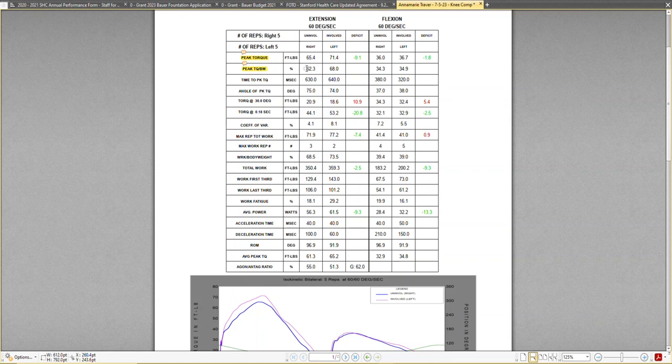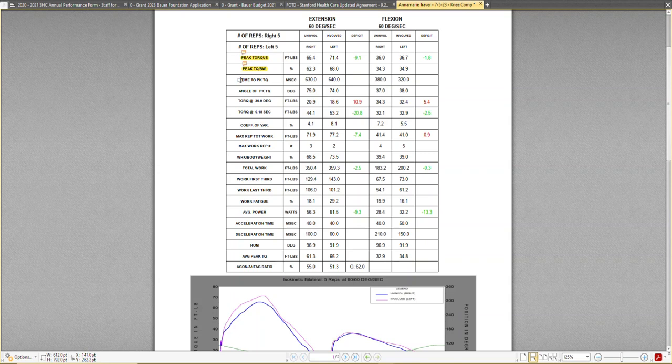That would leave us comparing the involved, injured limb to a weakened uninvolved limb. One way we can normalize that, to overcome the error that may occur just by looking at limb symmetry of peak torque, is looking at peak torque to body weight.